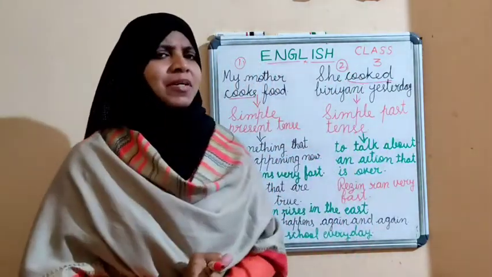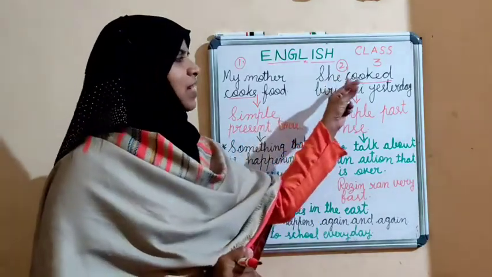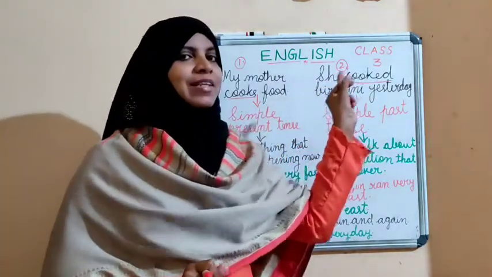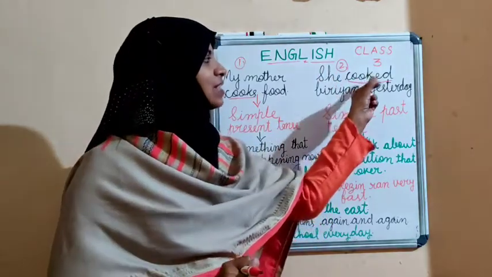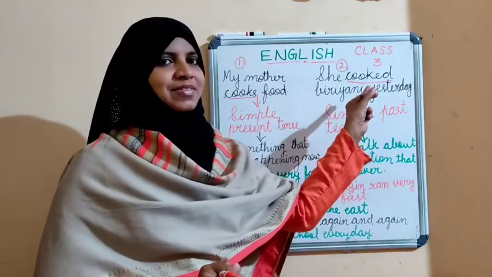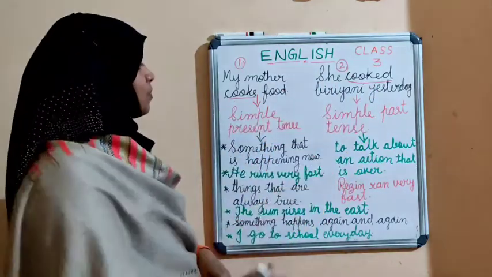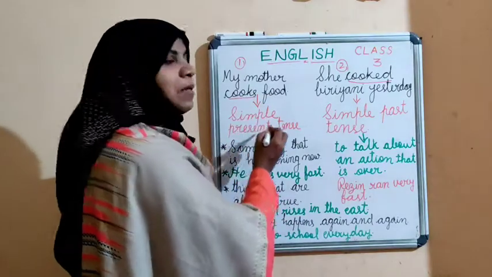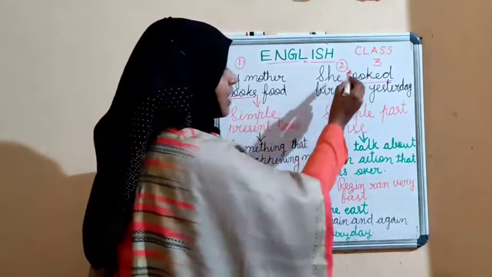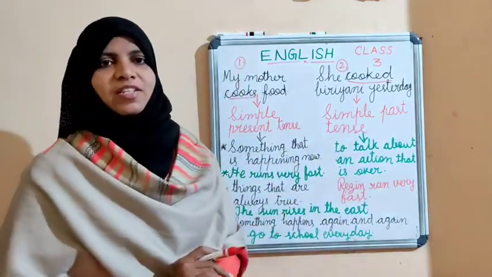Do you remember, in our class the last 2 days, I asked you to underline the sentences that end with ed or past tense. Okay, and these two sentences: the first one is in the simple present tense and the second sentence is in the simple past tense.